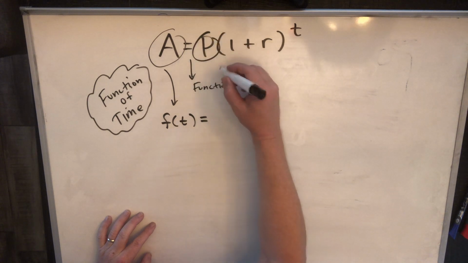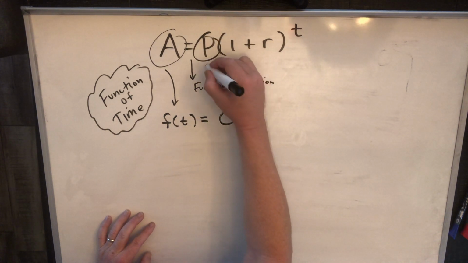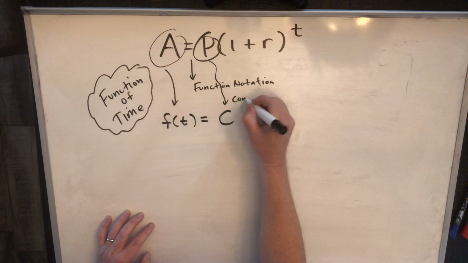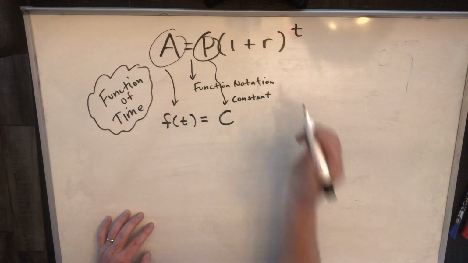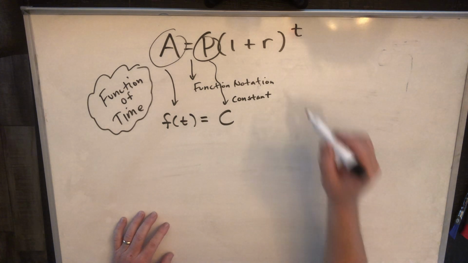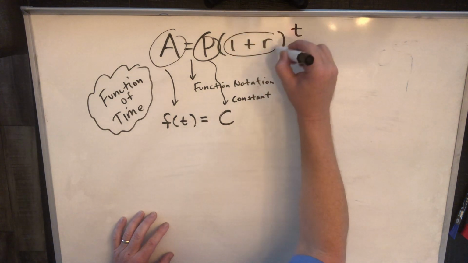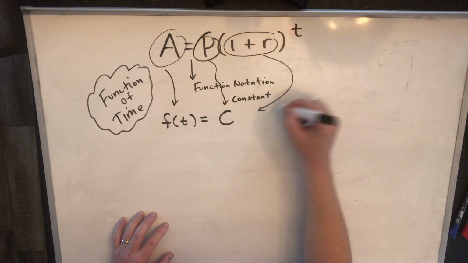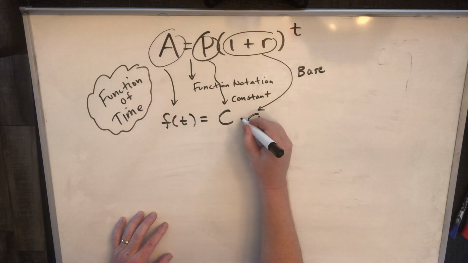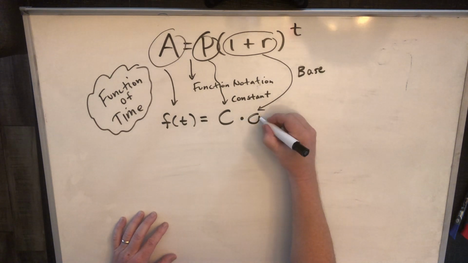The principal is a constant, so we like to use the symbol C for constant. The 1 plus r is the base, so we like to use A for base.